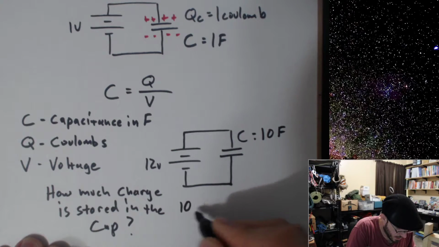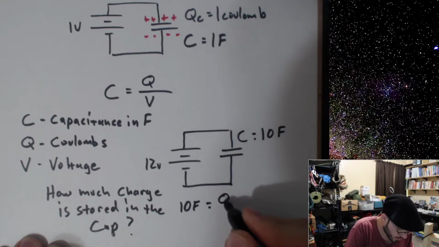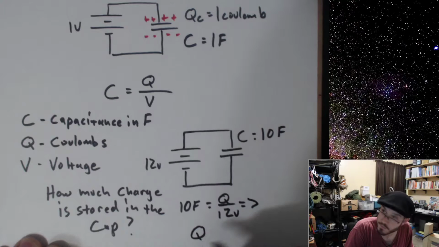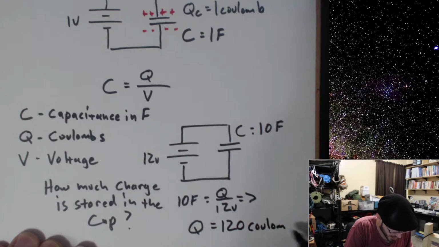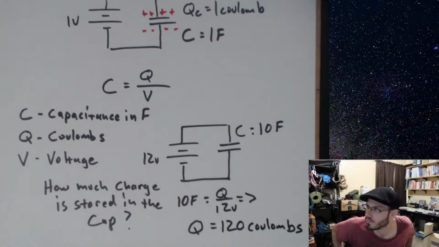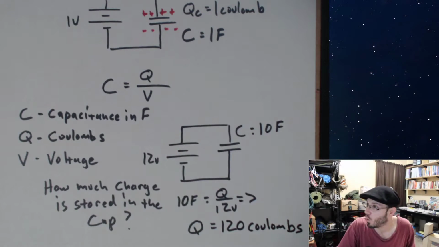And you get 10 farads is equal to Q divided by 12 volts. And so Q ends up being equal to 120 coulombs, which is a lot of charge. Okay, so that's how you quantify the storage ability of a capacitor.